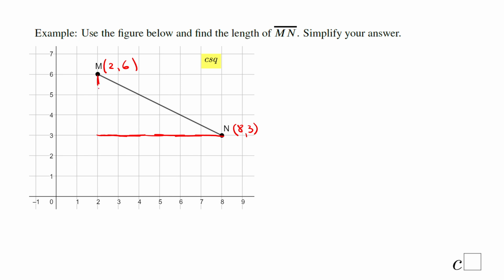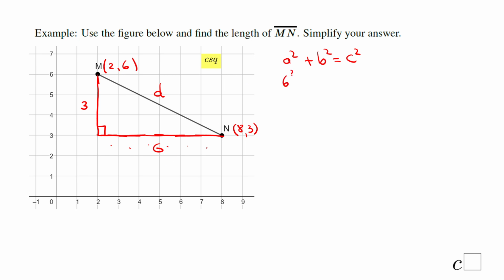So let's take a look here. We have this triangle. This leg is 3, this leg is 1, 2, 3, 4, 5, 6, 6. This is a right triangle, okay? So we're going to use a squared plus b squared equals c squared, c being nothing else than the distance between the 2 points, or the length of the segment MN. So we're going to have 6 squared plus 3 squared equals d squared.